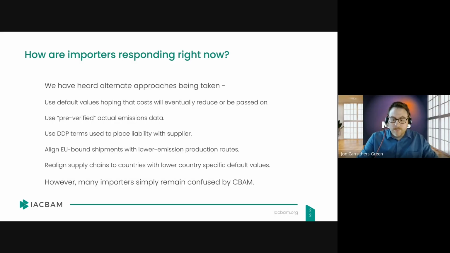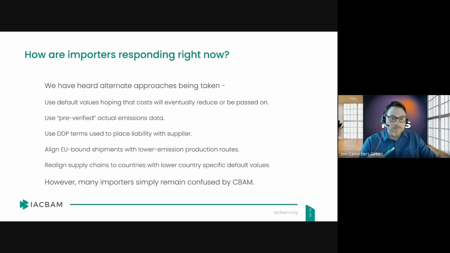We've heard that some importers, some of our customers, are hoping that they'll either A, be able to pass on these CBAM costs in their entirety, or B, that there'll be some kind of revision to these numbers. We've seen other importers take a slightly different tack with things.